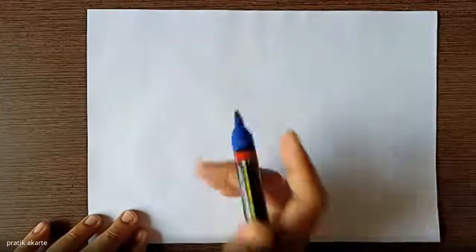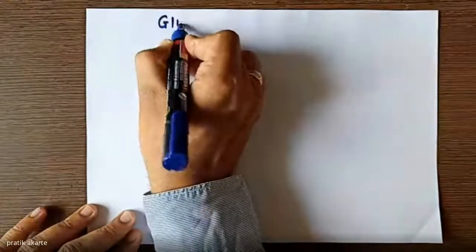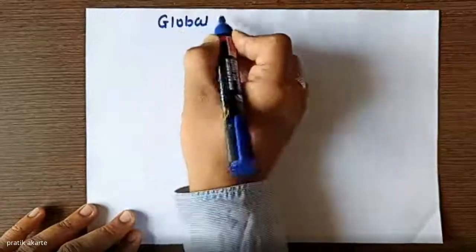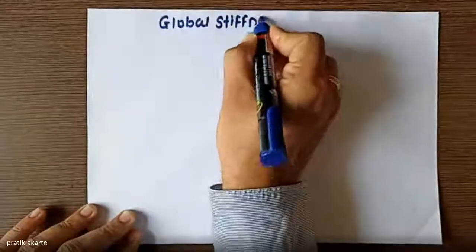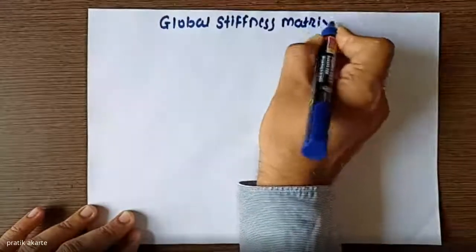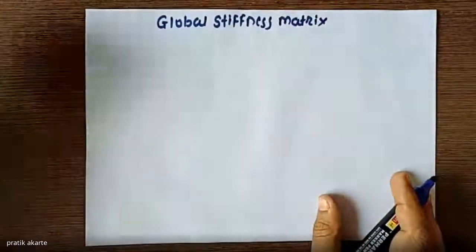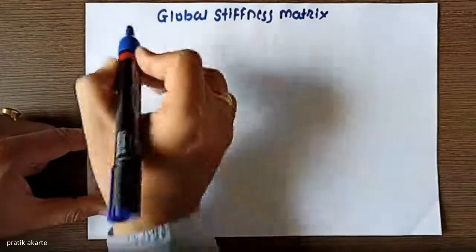Next step is to find or formulate the global stiffness matrix. Now, before formulating, the very obvious step is we must know the size of the global stiffness matrix.